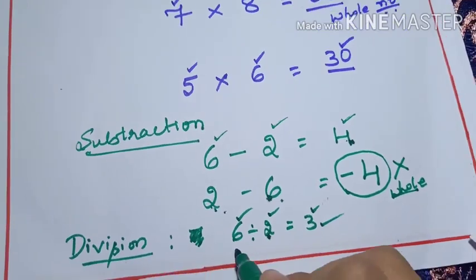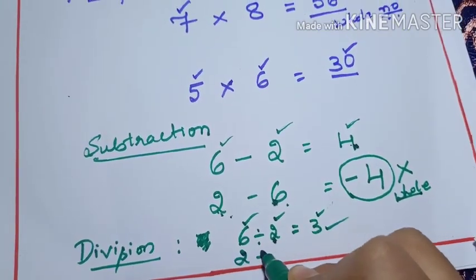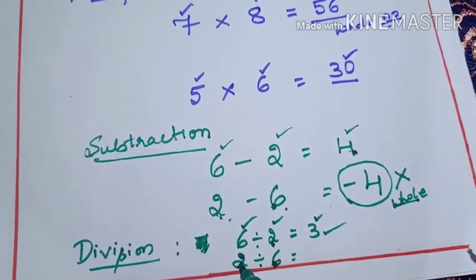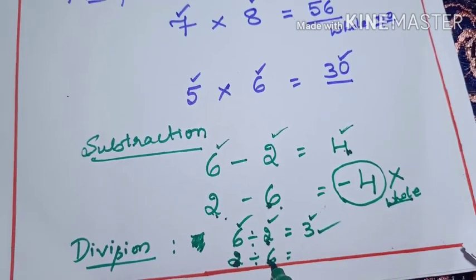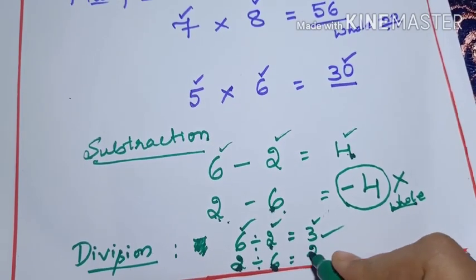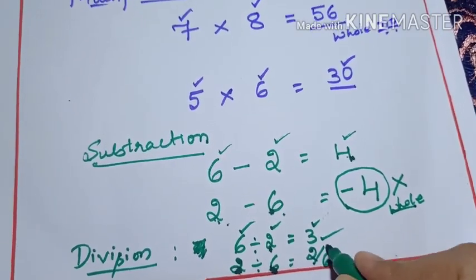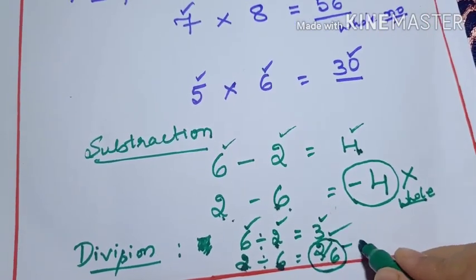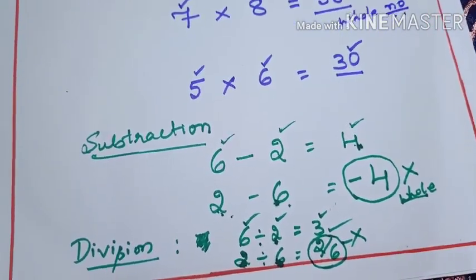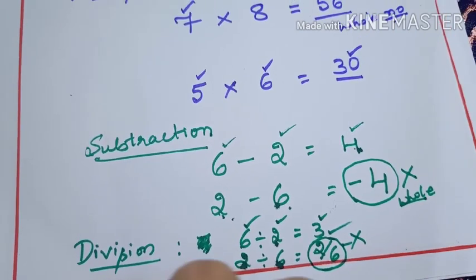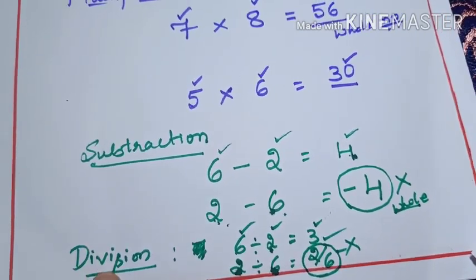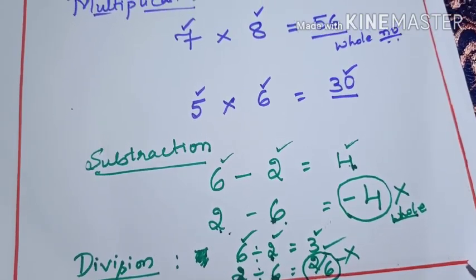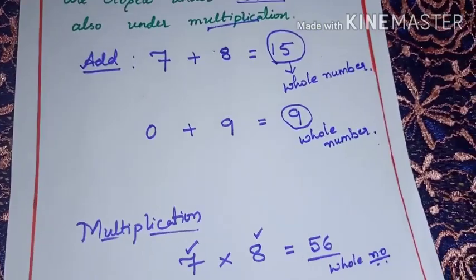But if the question is 2 divided by 6, since 2 is a smaller number, you cannot divide 2 by a bigger number 6. You can keep it as 2 divided by 6, and this is a fraction and it is not a whole number. So division also does not satisfy the closure property. Let us see once.